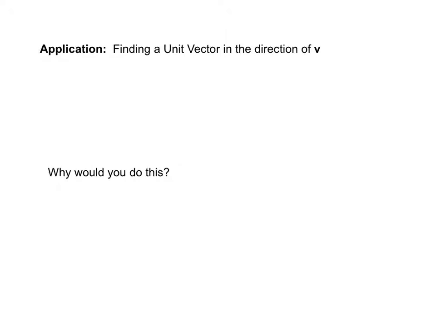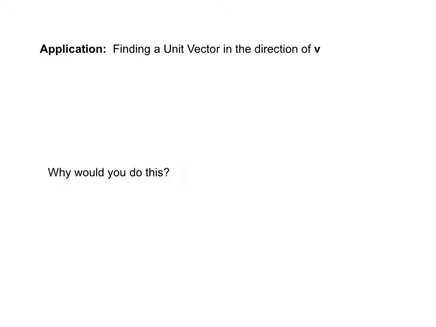All right, so let's put a couple of the ideas we've looked at together today in order to do this one application. This is an application that shows up a decent amount, and that is when we have a direction.